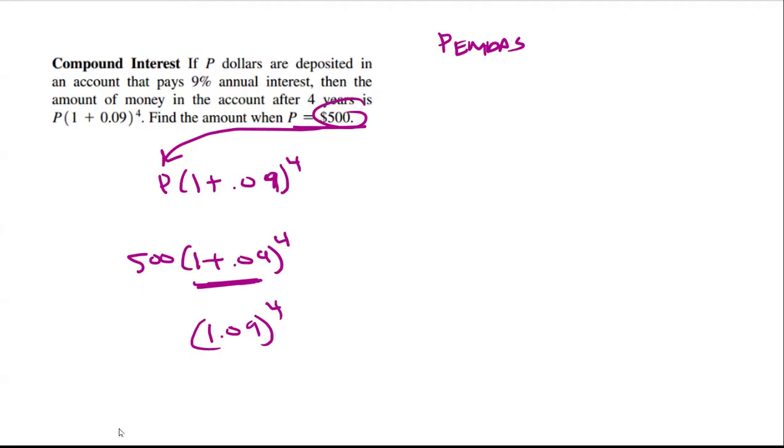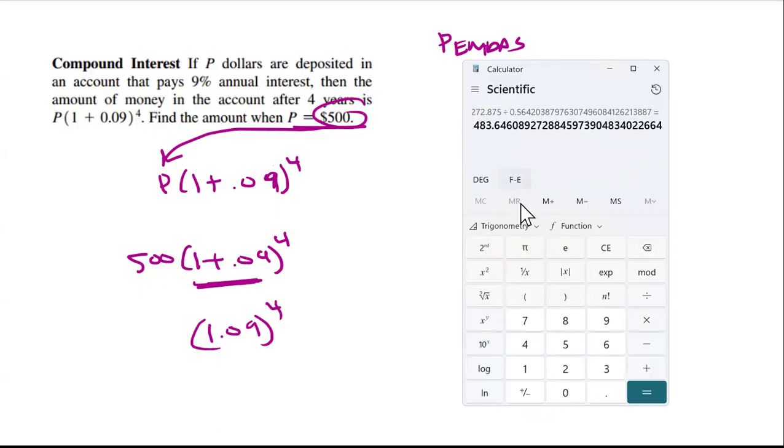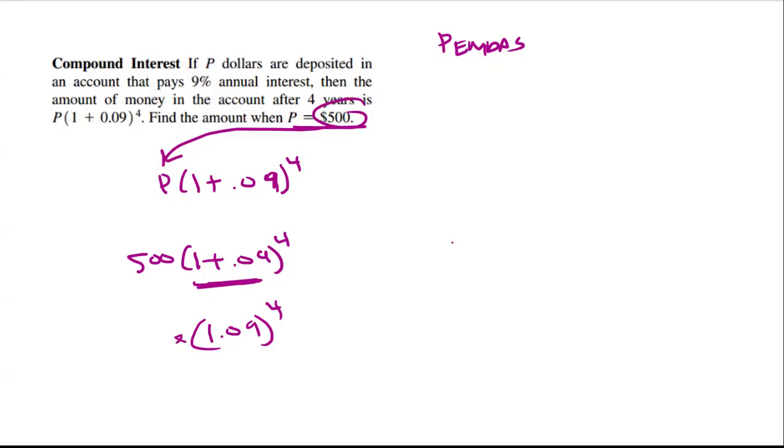Okay, so if we get our calculator here, all right, so we get 1.09 and then raise it to the fourth power, we get this much. Okay, and then at the end, we're going to multiply by 500.